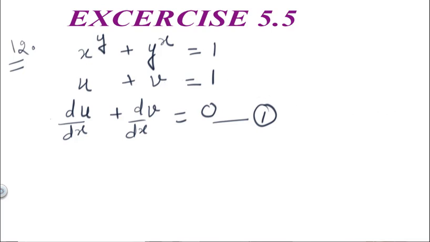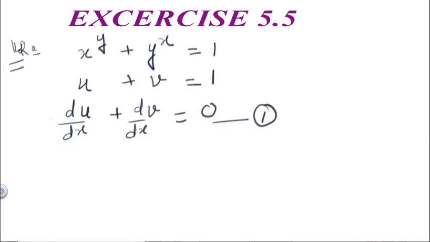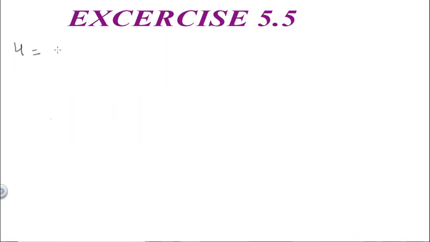So, let us go to another page and solve u first. u is what? As you can see from here, x to the power y. You know, whenever variable to the power variable is there, we take log on both sides. So log of u equals log of x to the power y.